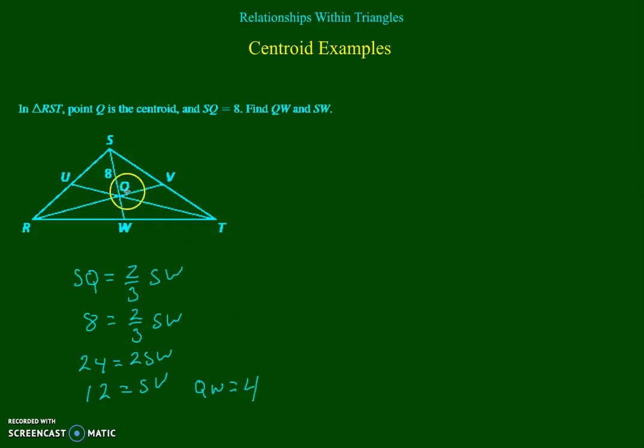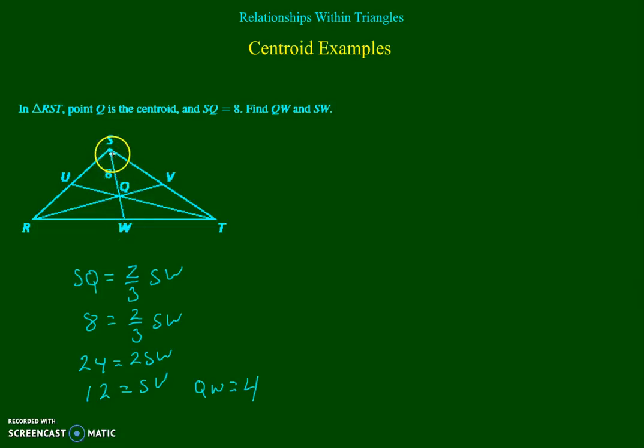Another way to look at this problem is to see that this piece is 2/3 of the whole and this is 1/3, so SQ is made up of 2 of 3 equal parts. If 8 is made up of 2 equal parts, then both parts have to be equal to 4. So there's a 4 and a 4. And if QW is one of those equal parts, then QW has to be 4.